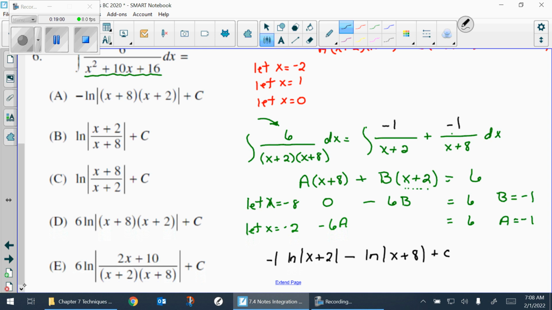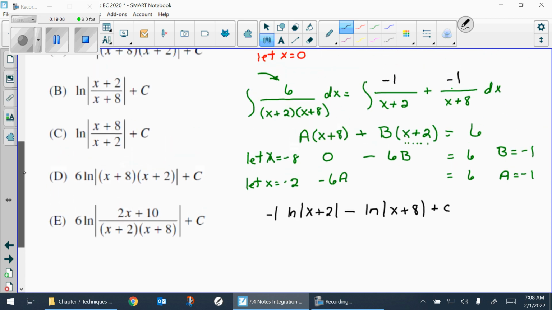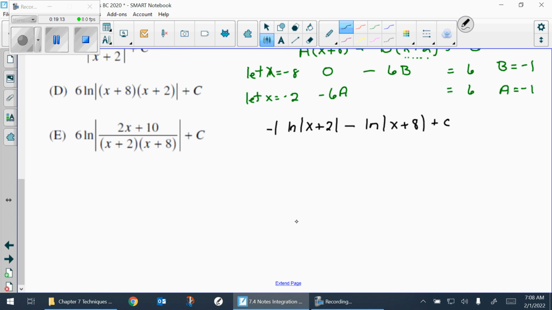Okay, so I don't see that anywhere. Extend the page. It looks as if, let's see, if I'm going to subtract, I could turn this into a division. Let's see.